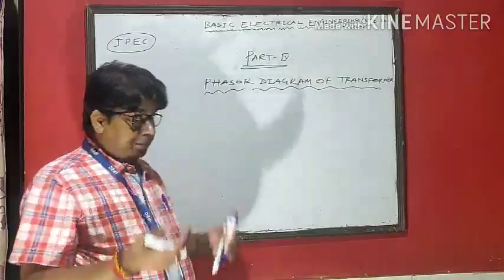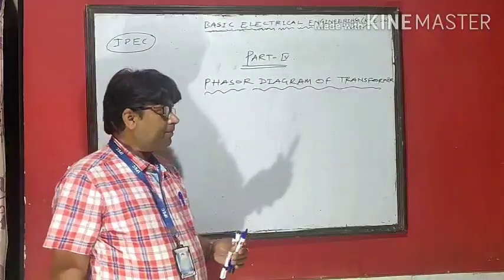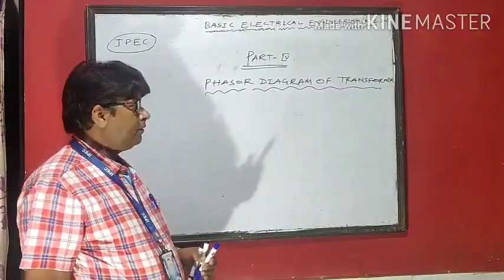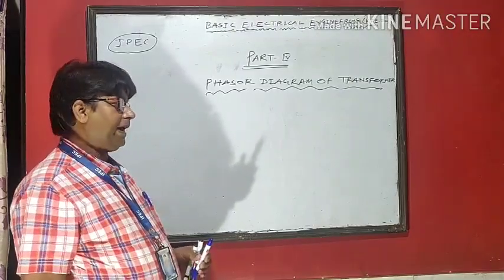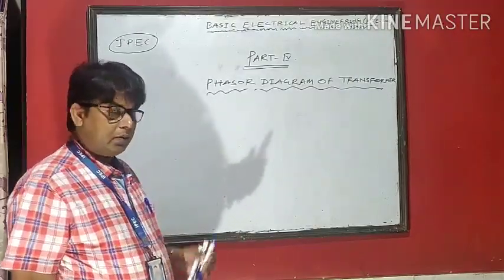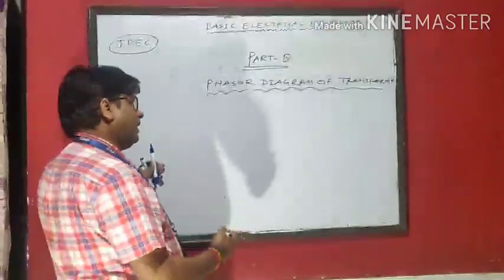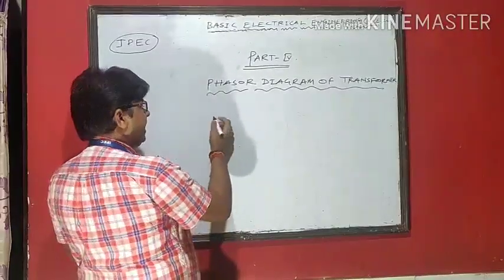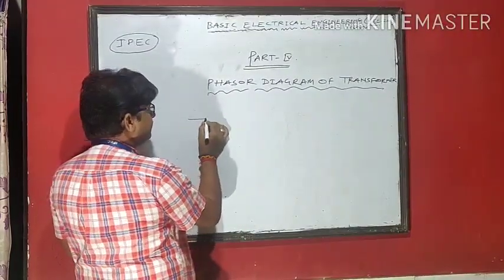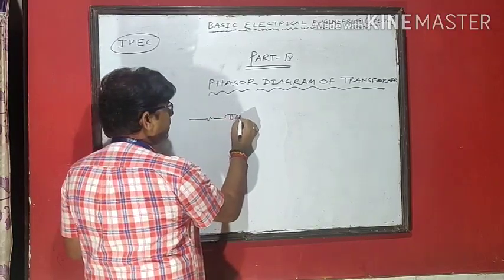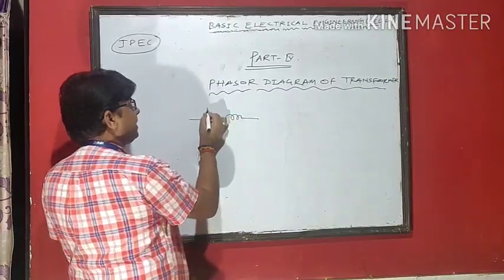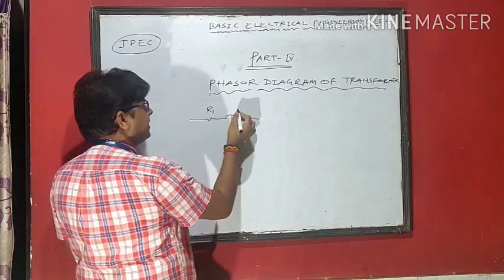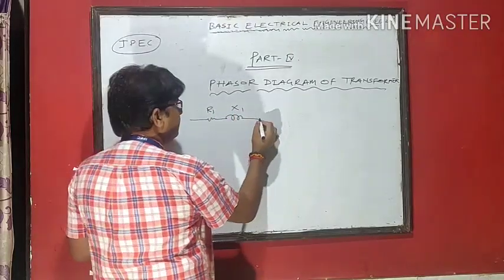Before drawing the phasor diagram, first we understand which parameters change. First we draw the approximate circuit diagram of transformer. This is your approximate circuit diagram. This is R1, primary resistance. This is X1.